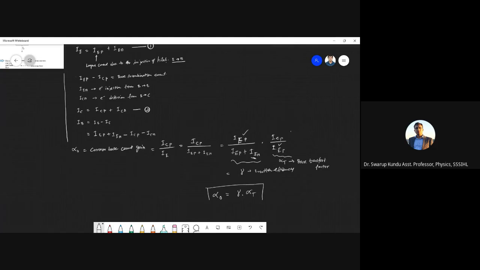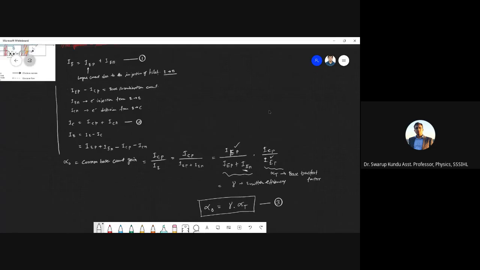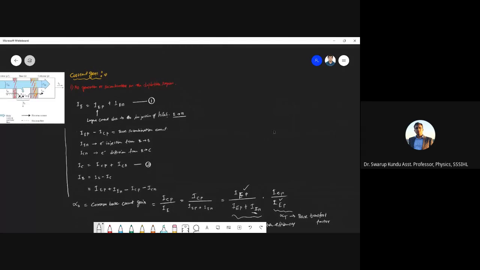So alpha 0 is another standard equation. This is our equation 3. And now we'll derive the collector current. So let's do it here.